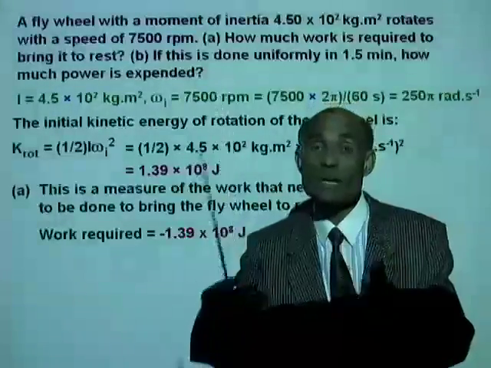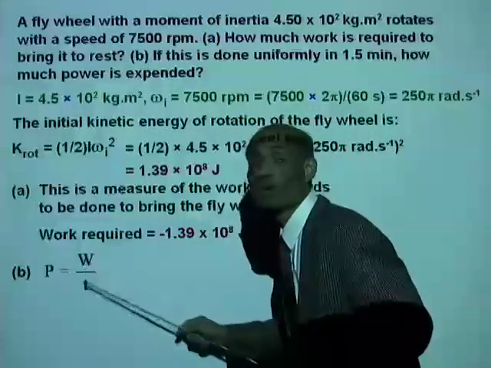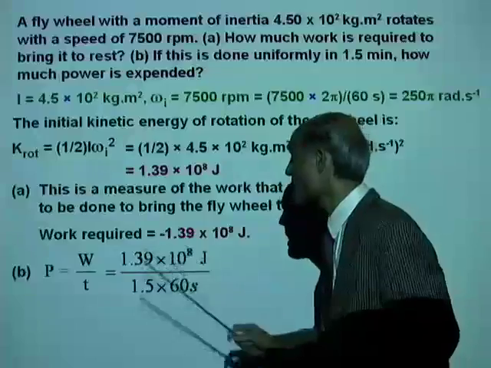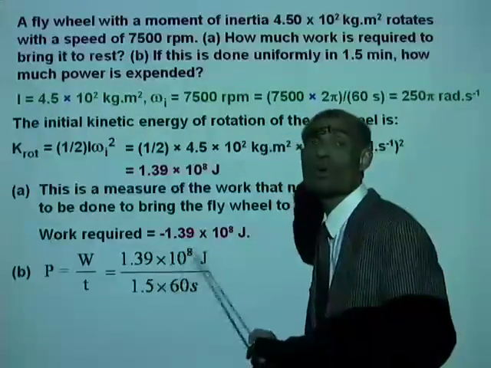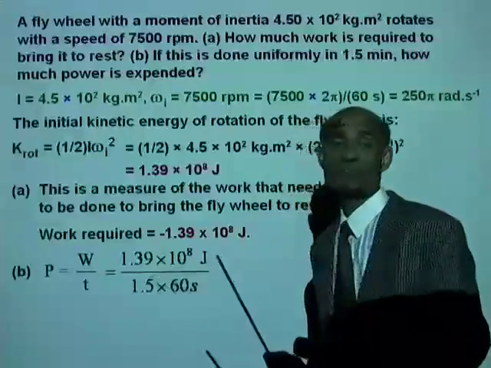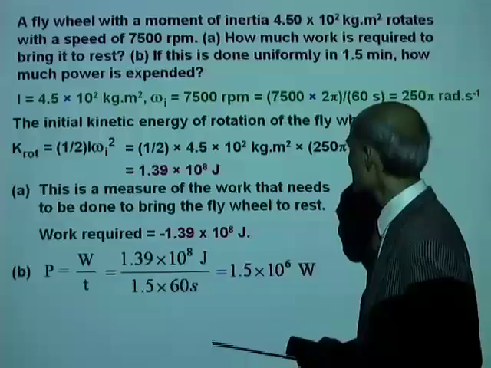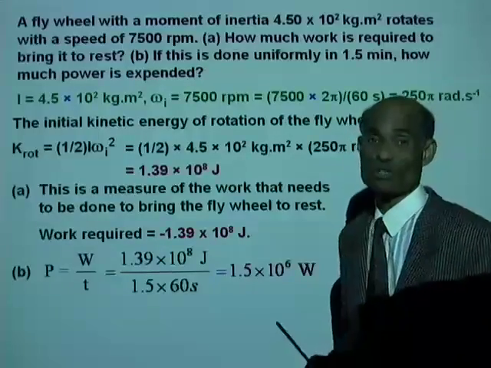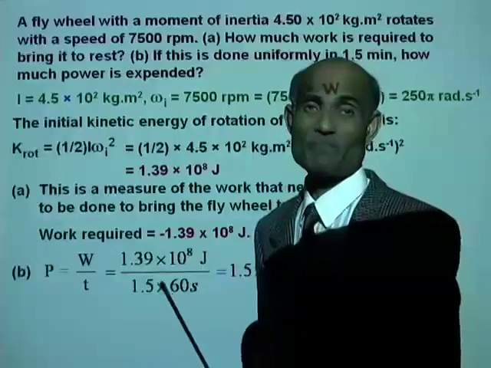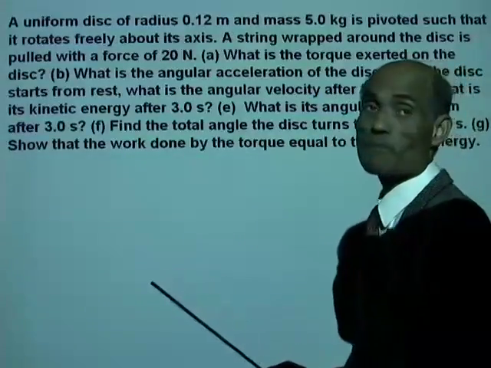Power is the rate at which work is being done. Power is work done divided by the time. 1.39 times 10 to the 8 joules of work is done in 1.5 minutes, 1.5 times 60 seconds. That is 1.5 times 10 to the 6 watts, the power developed or expended. Okay, let's do another one.